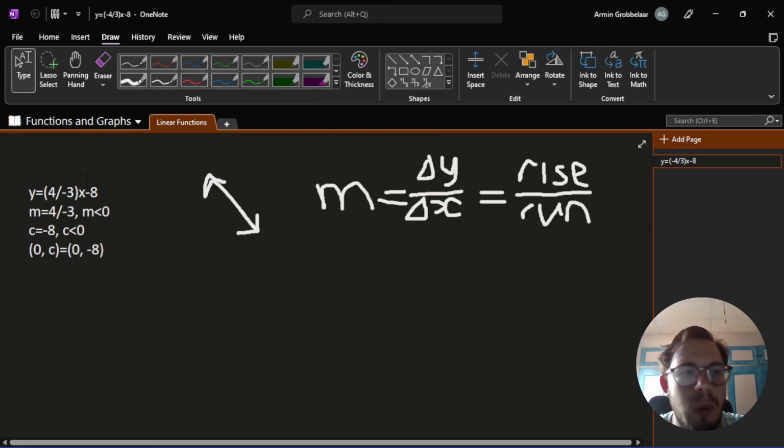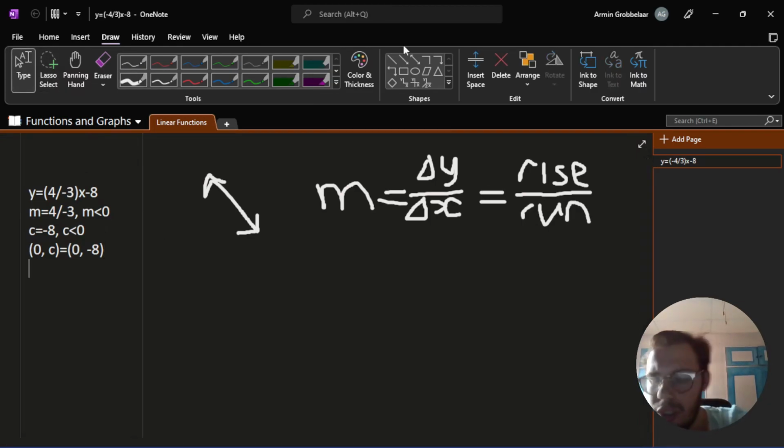So we have our point and m. So here you can see the change in y is equal to 4 and the change in x is equal to minus 3.